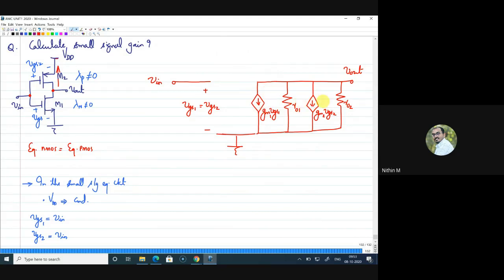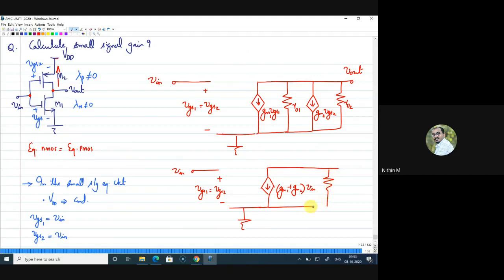So in what better way we can draw this? We can draw this further as plus minus, this is Vin. Vin is equal to VGS1 is equal to VGS2. Now, since I have two current sources connected in parallel, I can add that. So while adding, I can write this as gm1 plus gm2 into VGS1 and VGS2 both are same. I will write it as Vin. Two resistors in parallel.